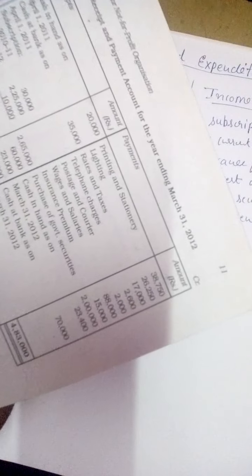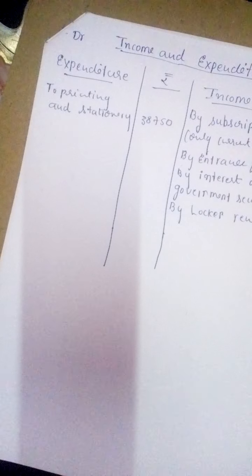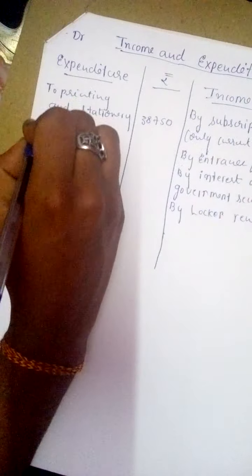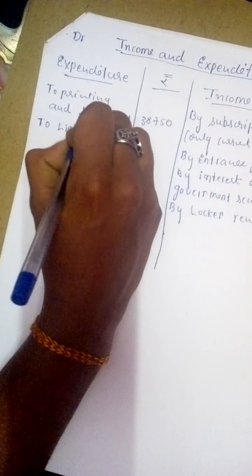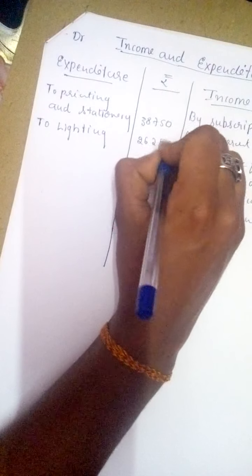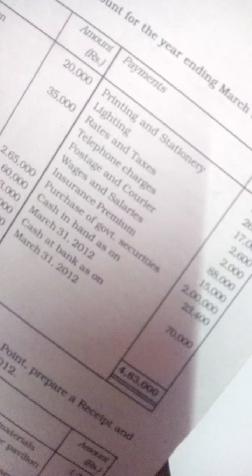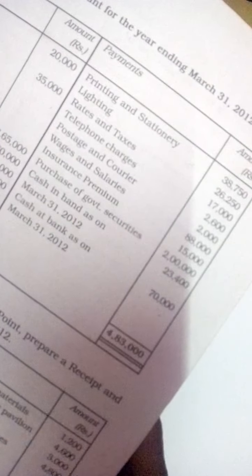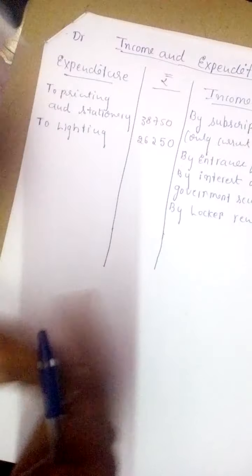Next item is lighting, which should be recorded amounting to rupees 26,250. To lighting 26,250. Then next, rates and taxes amounting to rupees 17,000 should be recorded, right? Yes. To rates and taxes.